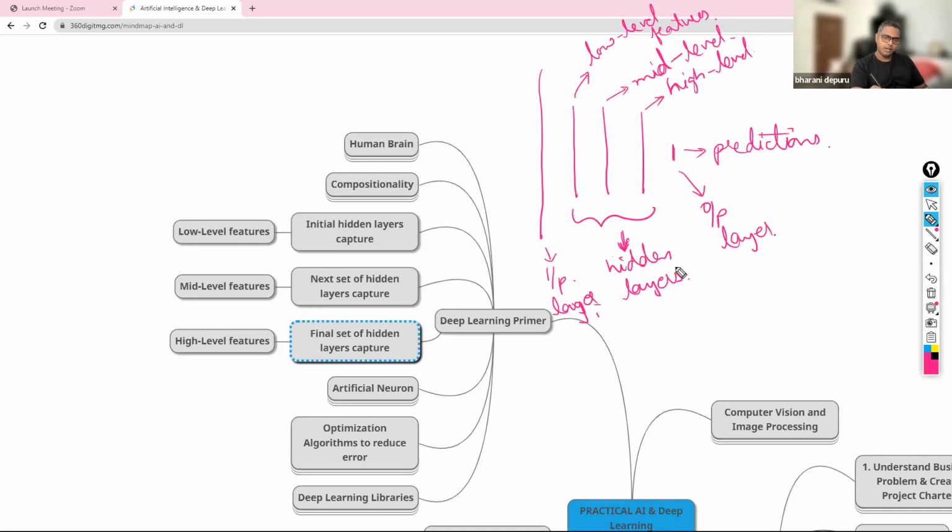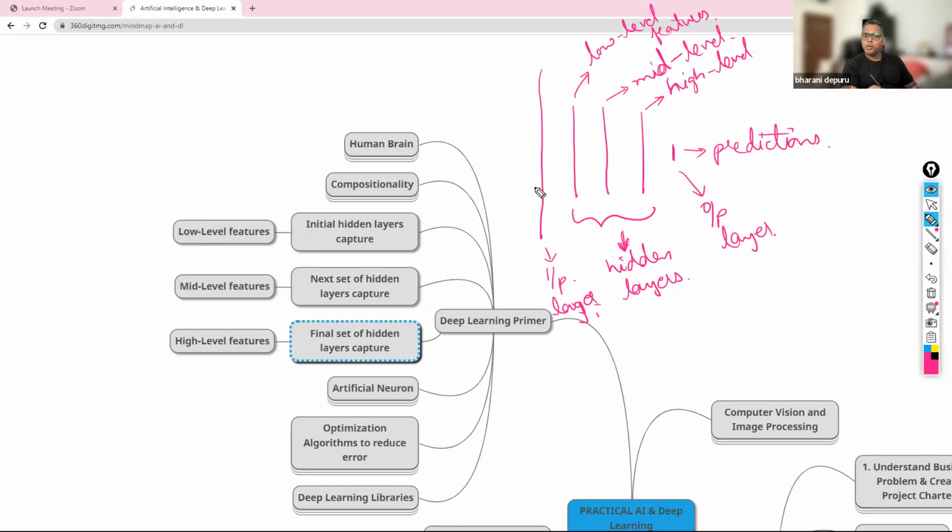So the number of hidden layers and the number of neurons within each hidden layer are hyperparameters. You keep experimenting and determine how many hidden layers and how many neurons within each hidden layer give you the right result.